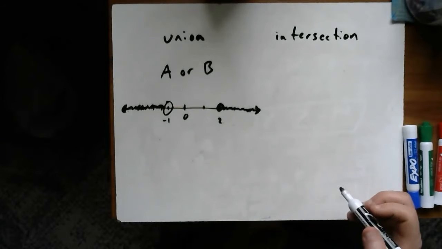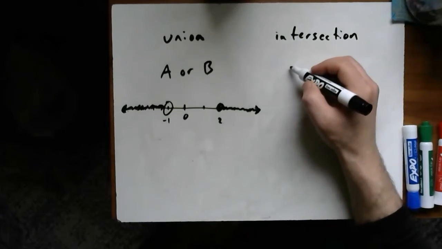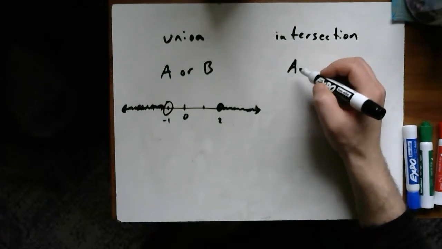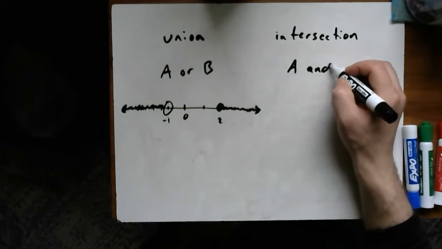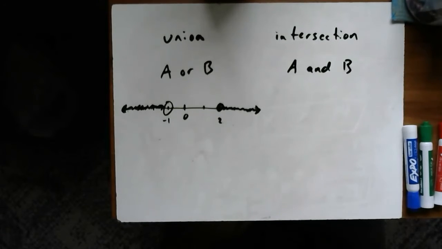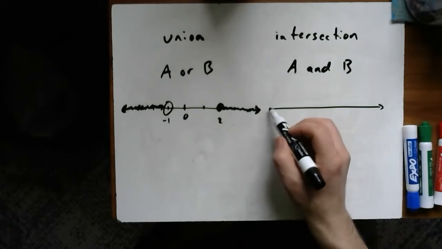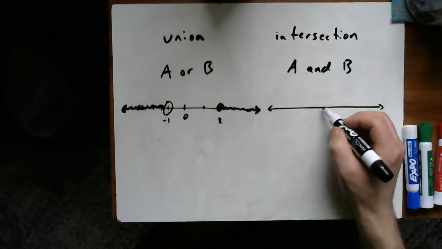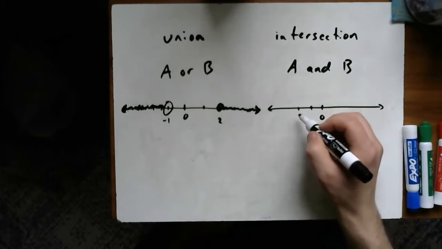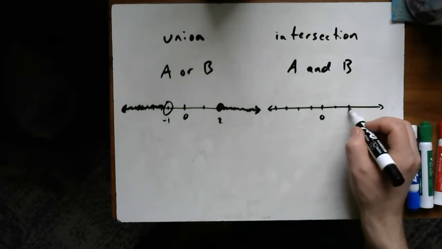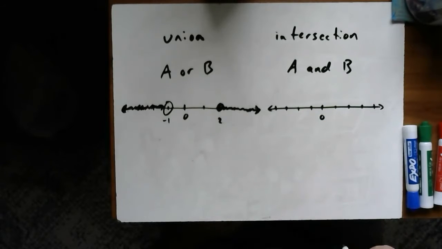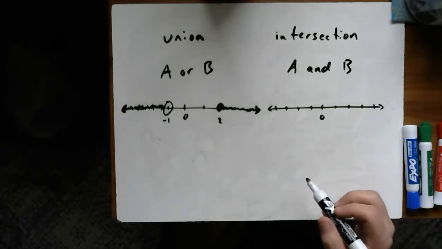That's the union. Now the intersection, this is represented by A and B, right? A and B. I look at this on a number line, and I have two inequalities, and I want to talk about the intersection.